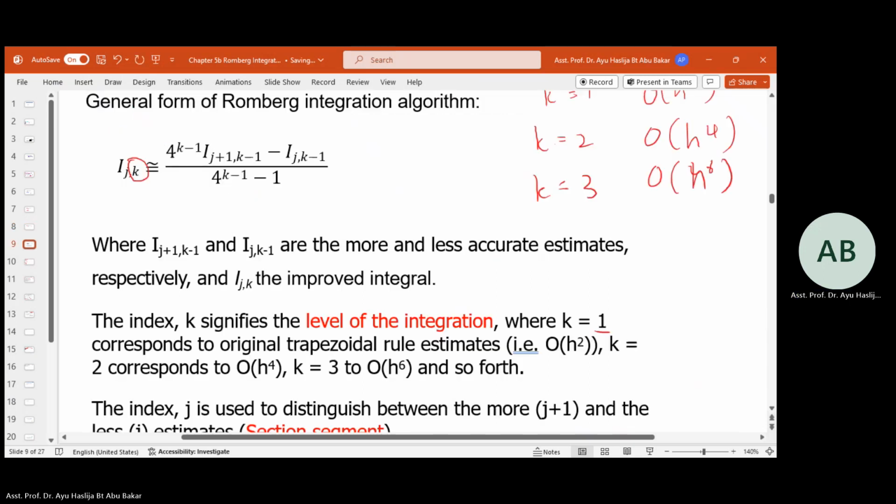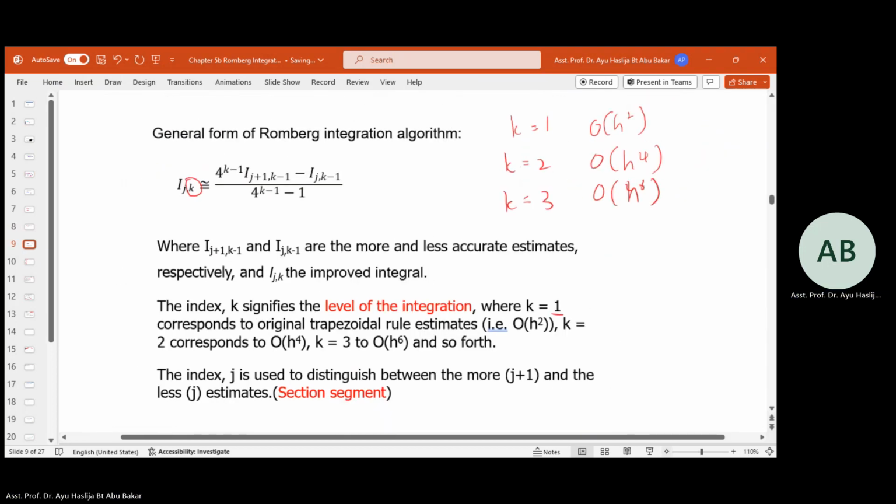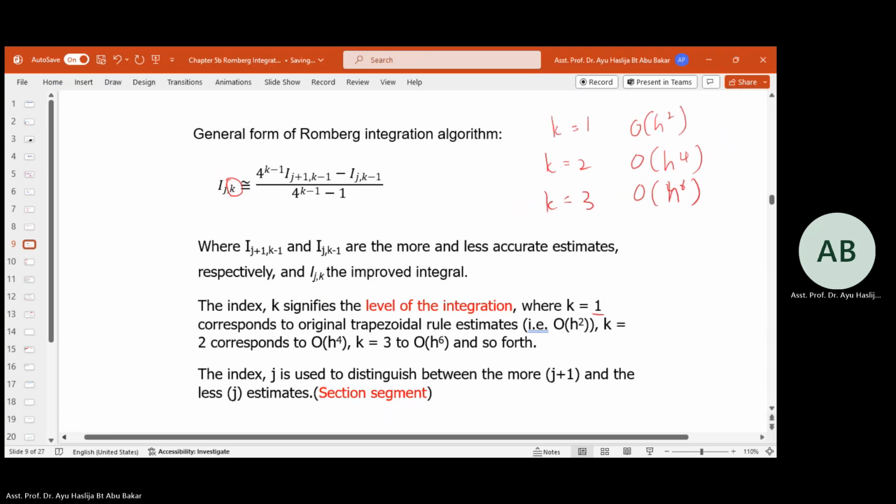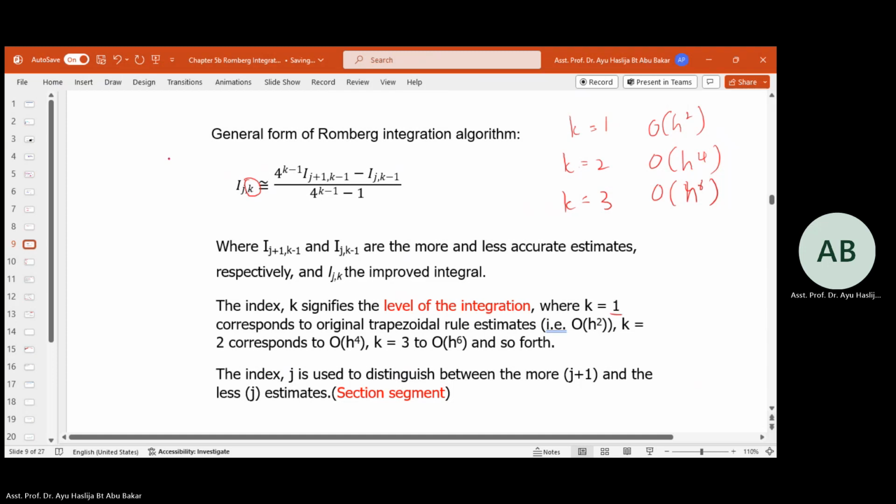Okay. Now this is the Romberg equation. This is the equation I_j,k. J, K over here means this is the first integration, level 1.